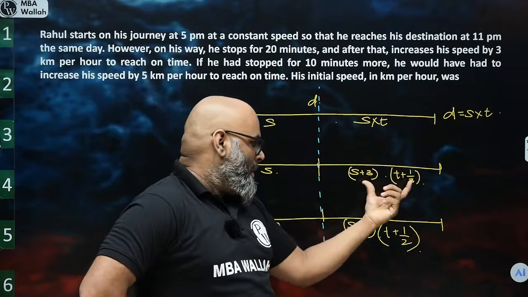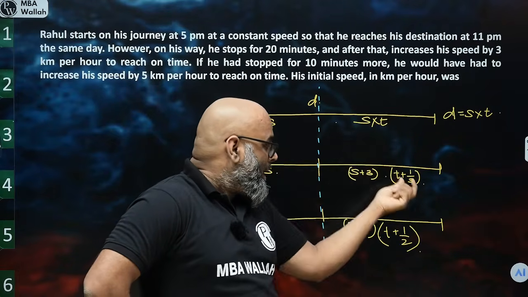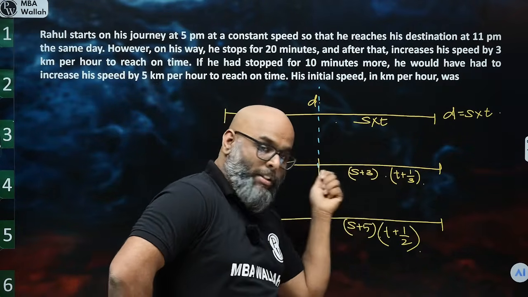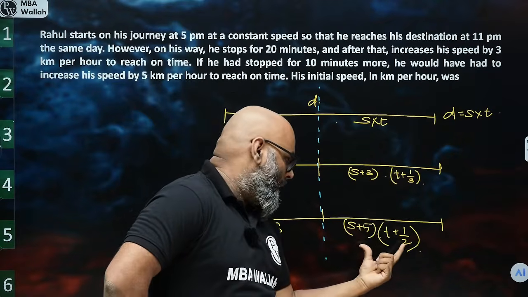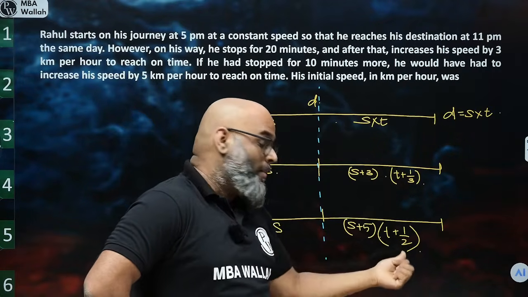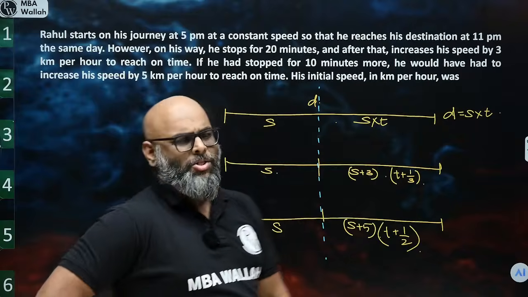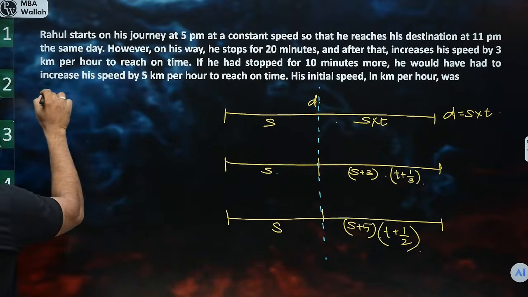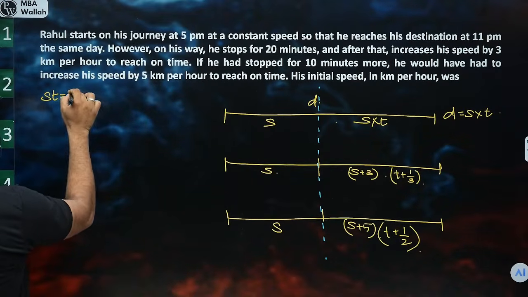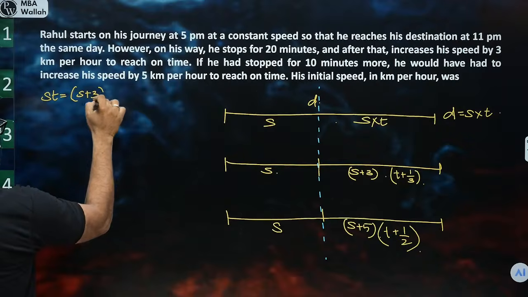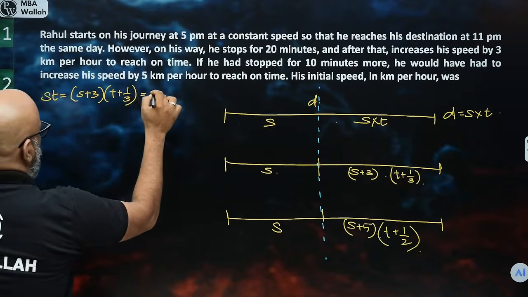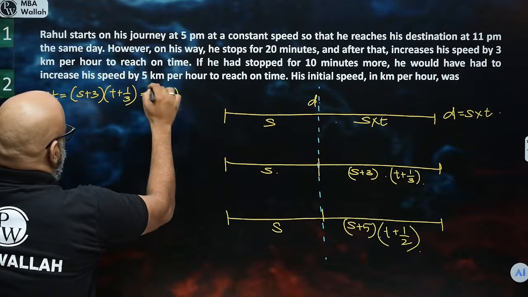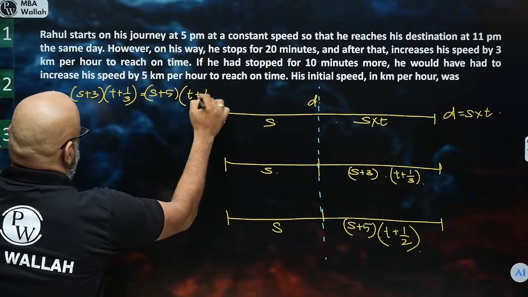So here speed into time, where t corresponds to the time taken to cover this distance, gives me this distance. I can straight away say st is equal to s plus 3 into t plus 1 by 3, which is equal to s plus 5 into t plus 1 by 2.